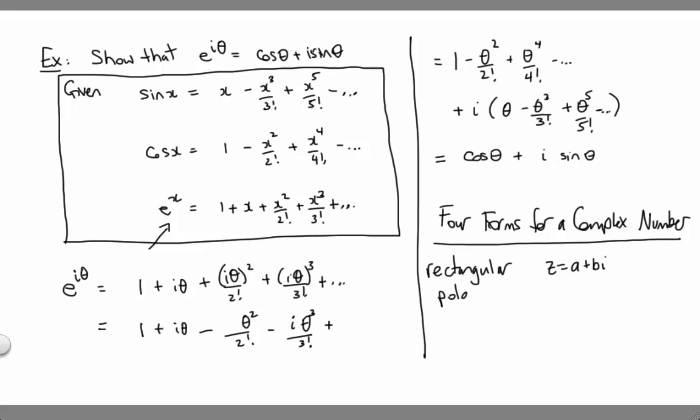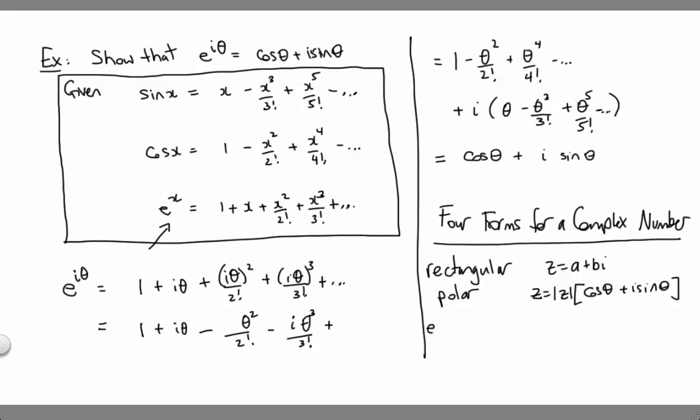Then we saw polar, where you think about the length of your complex number and your angle, and properly you write length of z times cos theta plus i sine theta. And we've just now figured out that this stuff in the square brackets can be better expressed as e to the i theta. That's just going to give a faster way of writing this down.